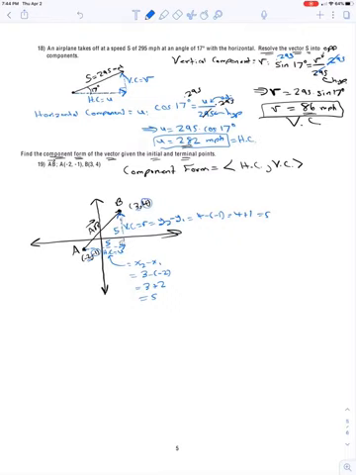We went from -1 on the y-axis to 4. So our component form, we've got our horizontal component. They're both 5 units, 5 to the right and 5 up. So there's the component form for our vector. So finding that horizontal and vertical distance, that's our horizontal and vertical component.